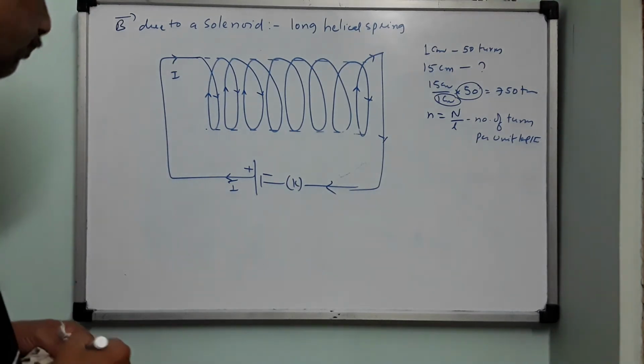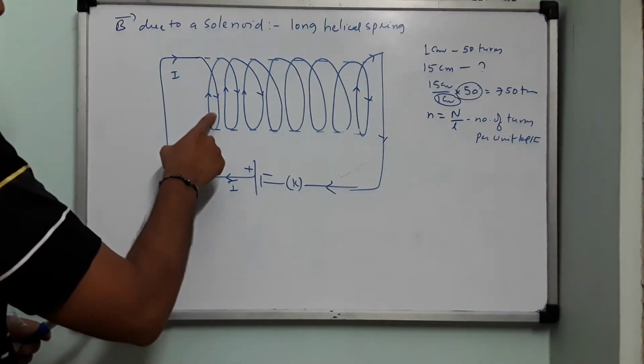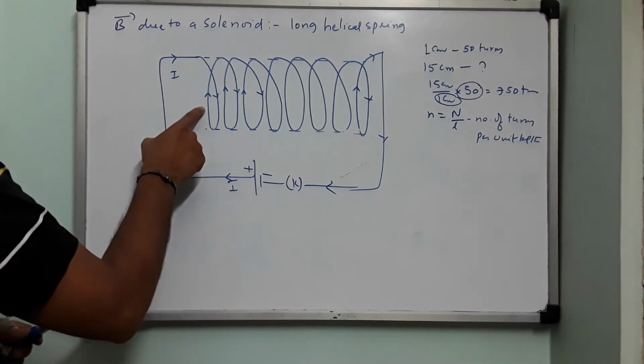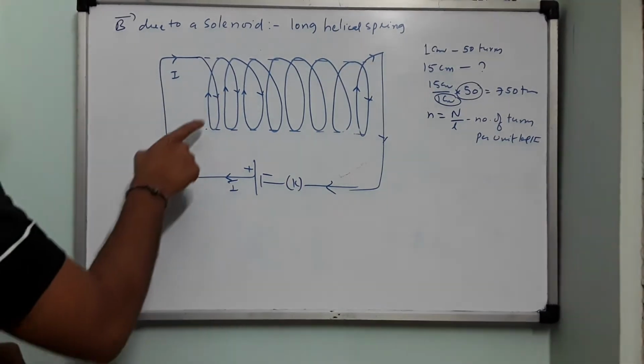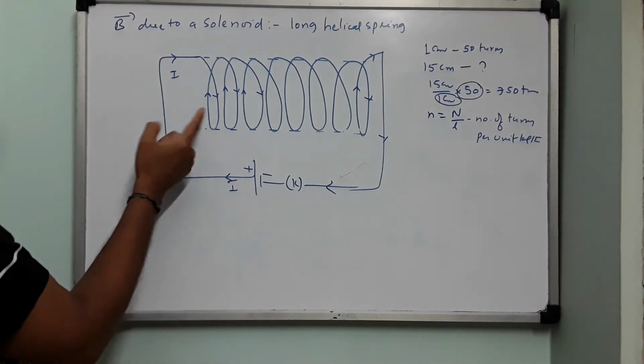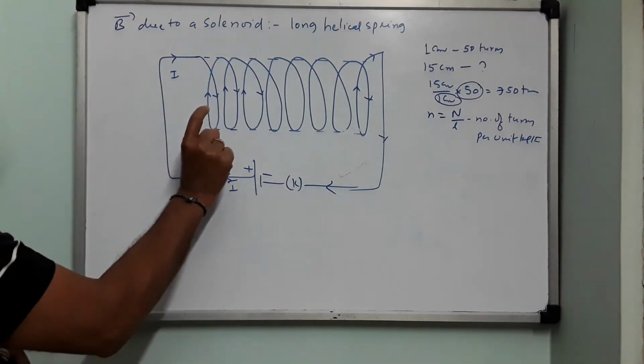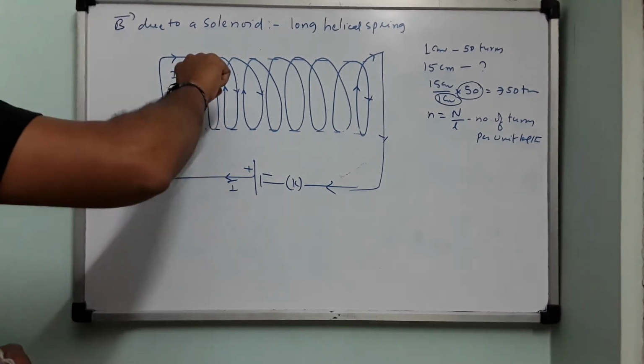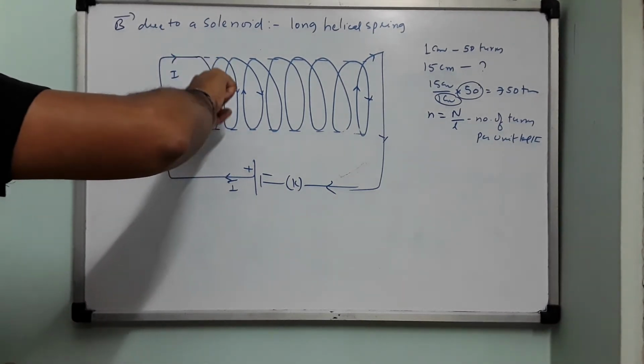Now this turn, children, is on the board and this turn is behind the board. The second turn is on the board and the first turn is behind the board. It is like this. If you see the direction of current, it is going like this.